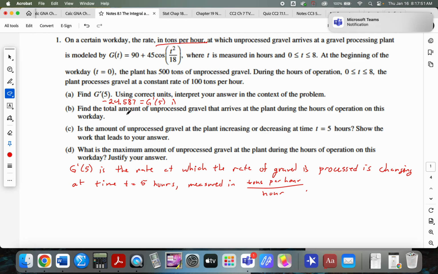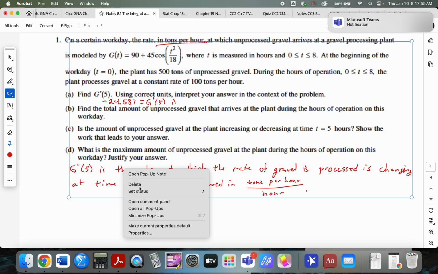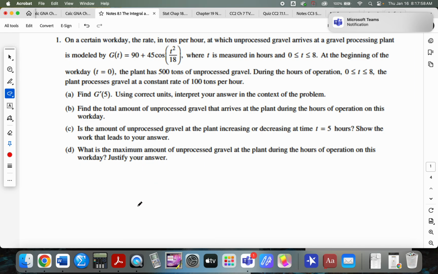All right, let's go on to part B. I'm going to erase all this stuff. Find the total amount of unprocessed gravel that arrives at the plant during the hours of operation. Well, that is what we're doing right now. That's just going to be the integral from 0 to 8 of G of t dt.